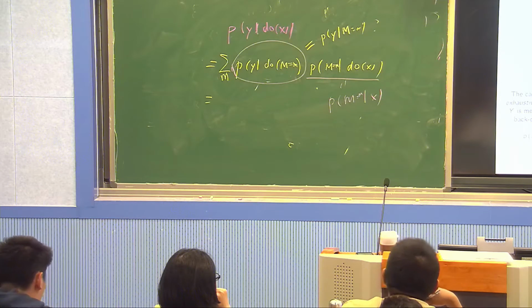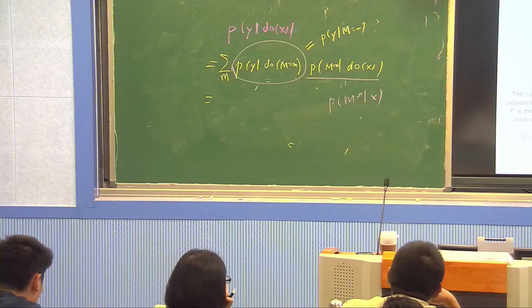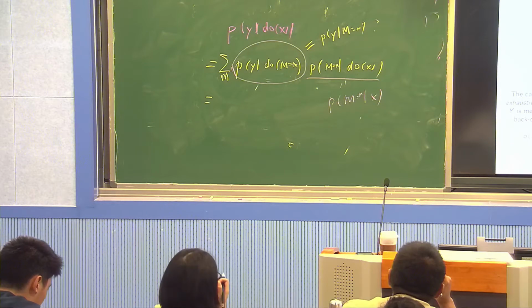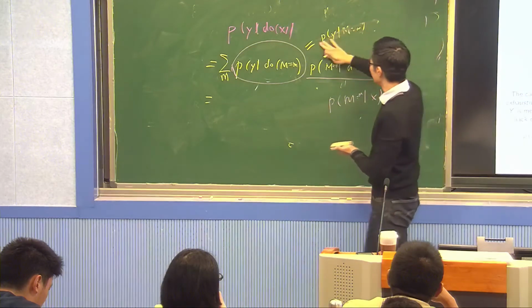Because there is a backdoor path. U is unobserved, so what do we do? We condition on X, because conditioning on X blocks the backdoor path.